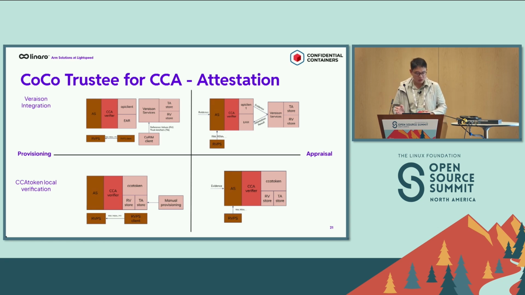Either we can also provision some information locally and use the local verification libraries, where we provision the reference values locally, and also provision the trusted voucher information locally, and then do the attestation. So we can do that either way.